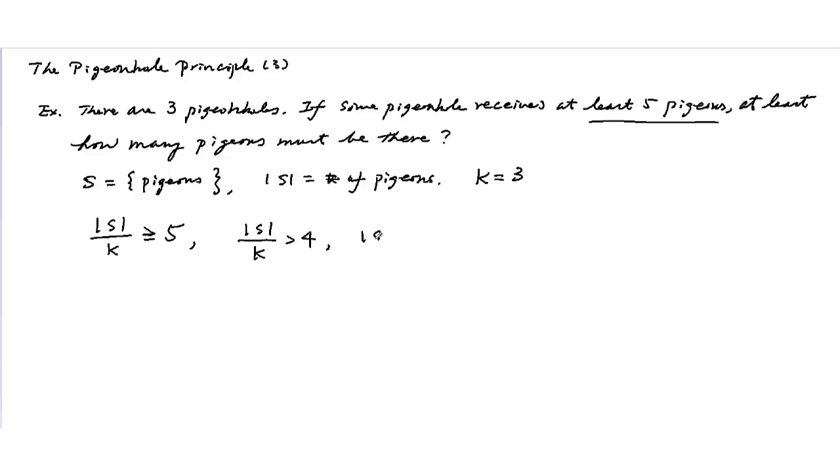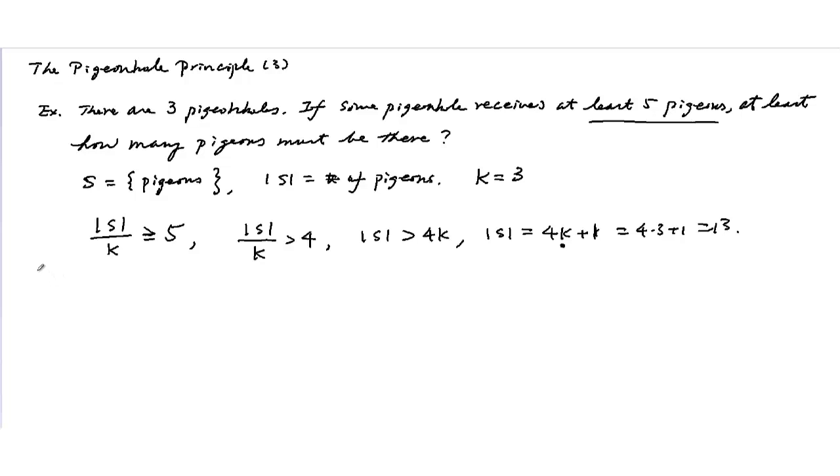Then you multiply by k, so you get 4k, and if you add 1, this is the minimum number it must have. In our case, k is 3, so this will be 4 times 3 plus 1, so there will be 13. So this means there are at least 13 pigeons there.